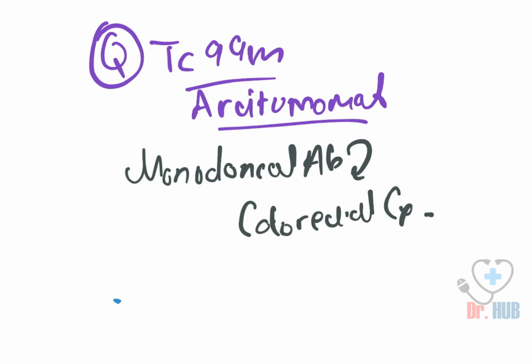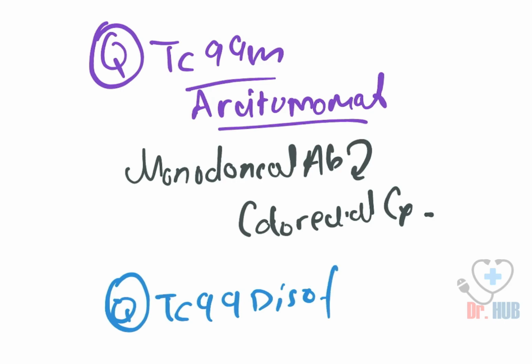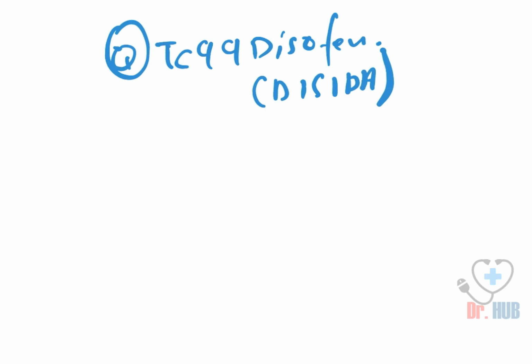The next question was, what is the use of TC99M disofenin? It is nothing but the DISIDA, and this is used in hepatobiliary imaging.